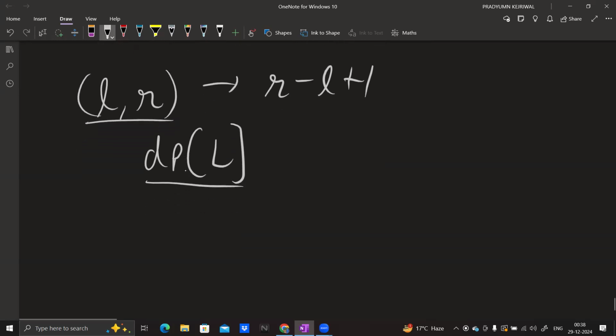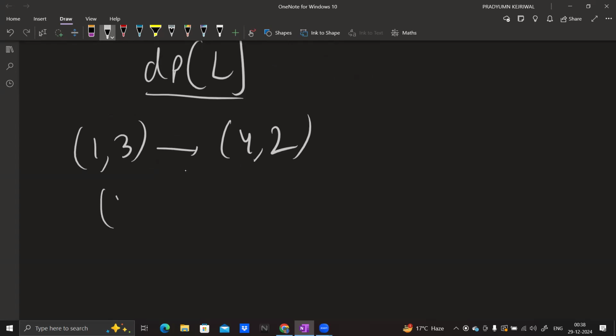For example, you know the answer to 1 comma 3. Let's say the answer to that is 4 and the number of elements is 2. I don't know if it is correct or not, but let's say this is the case.